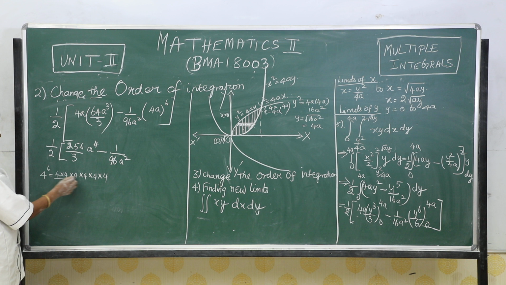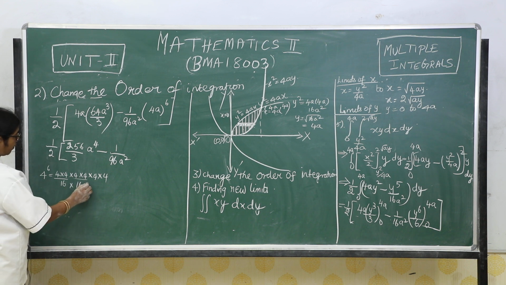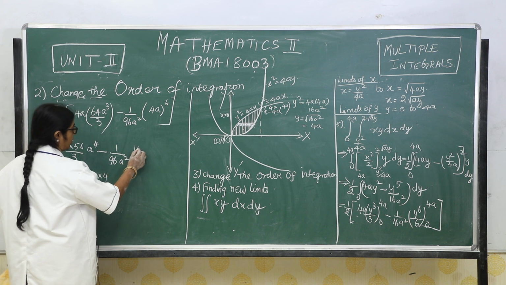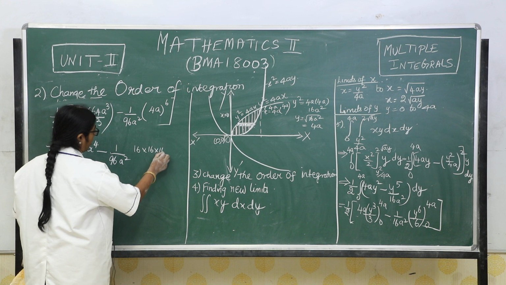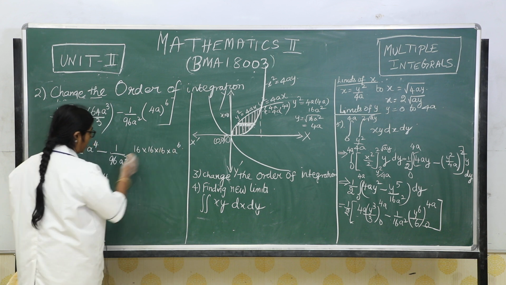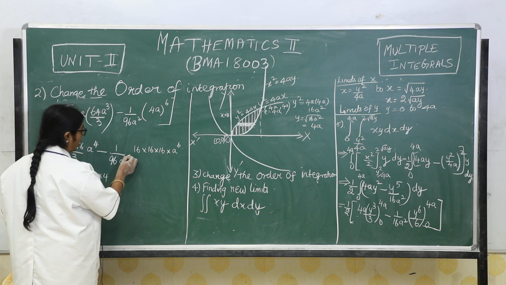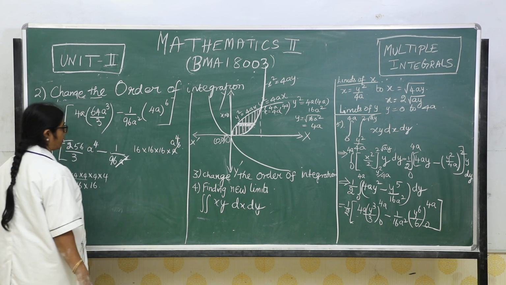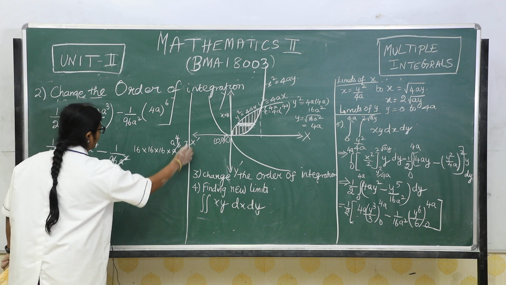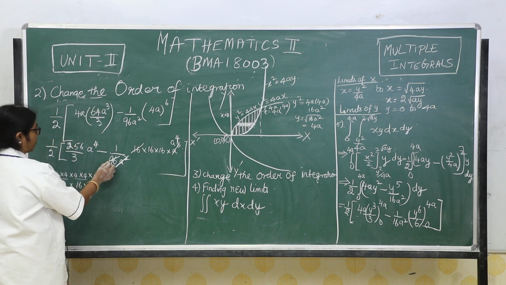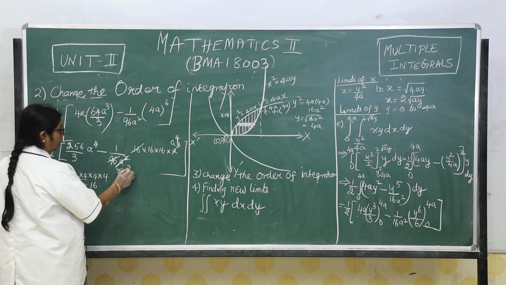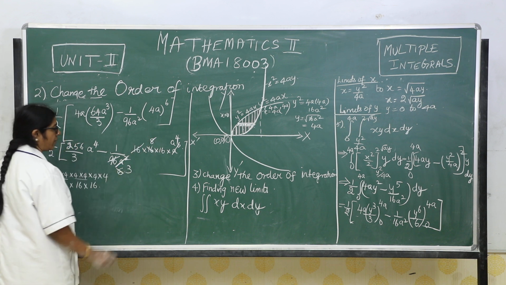So, you get 16 into 16 into 16 into a power 6. Anyway, it is going to get cancelled. Therefore, cancel these, you get a power 4. 16 will cancel with the 6 times: 2 3s are 6, 2 8s are 16.